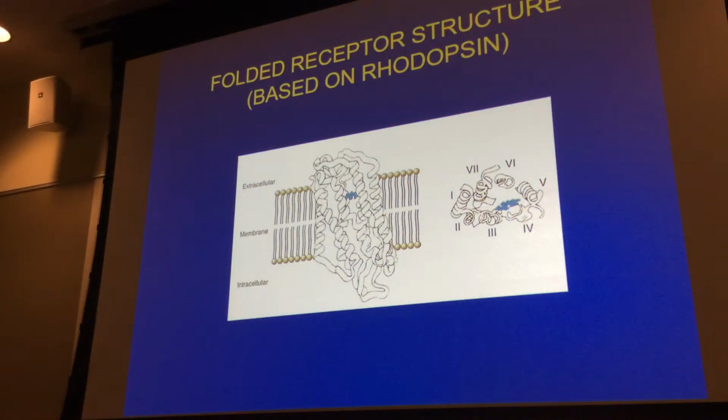For many years, the only thing that we knew about the actual 3-dimensional structure of the receptor was based on rhodopsin, because rhodopsin was the only protein that people could isolate in sufficient quantity so that they could get X-ray crystallography. You may or may not know that in order to get a full 3-dimensional structure of a protein, you have to have an X-ray crystallography analysis done.